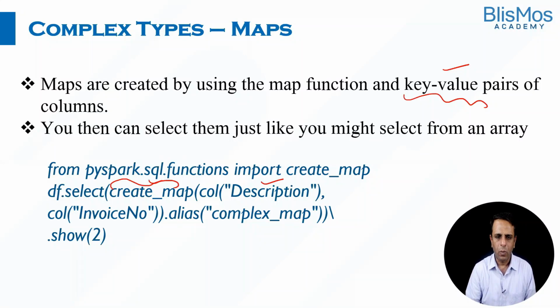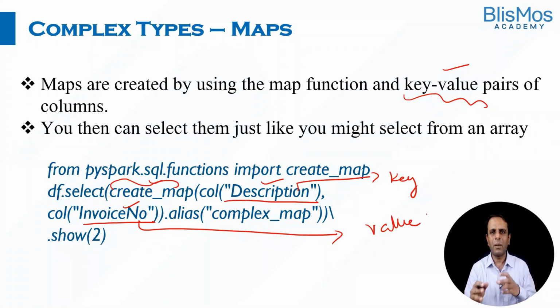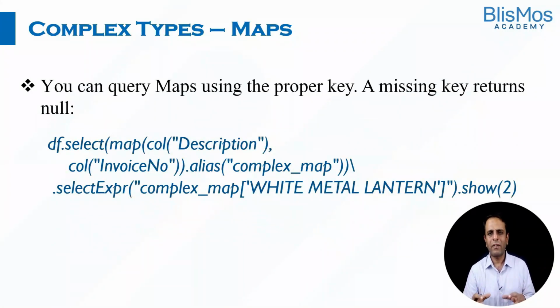Here in this case, one of the columns is a description column, the second one is an invoice column. Whichever column is provided as the first column would be the key, and the second column would be the value. Depending upon your project requirement, you can make a particular column a key and another column a value. We have created the map.